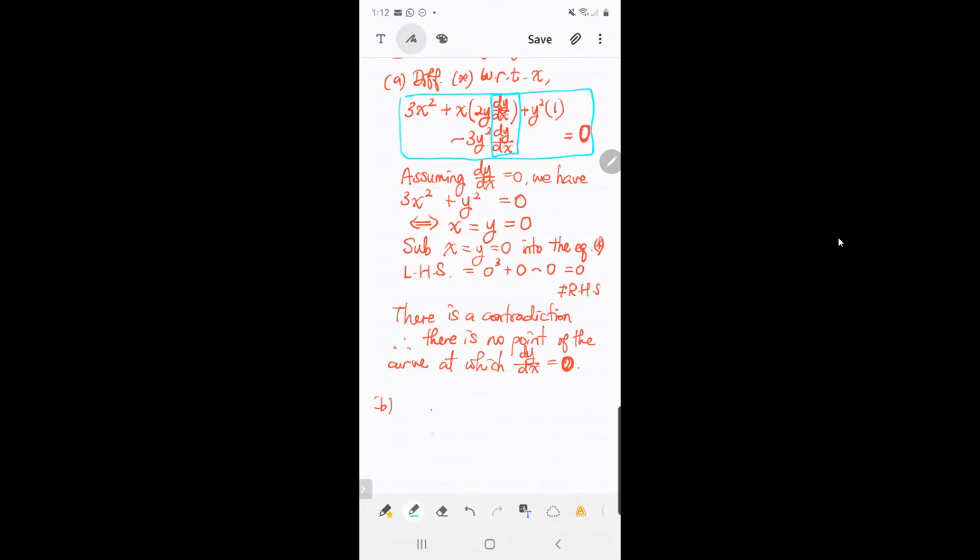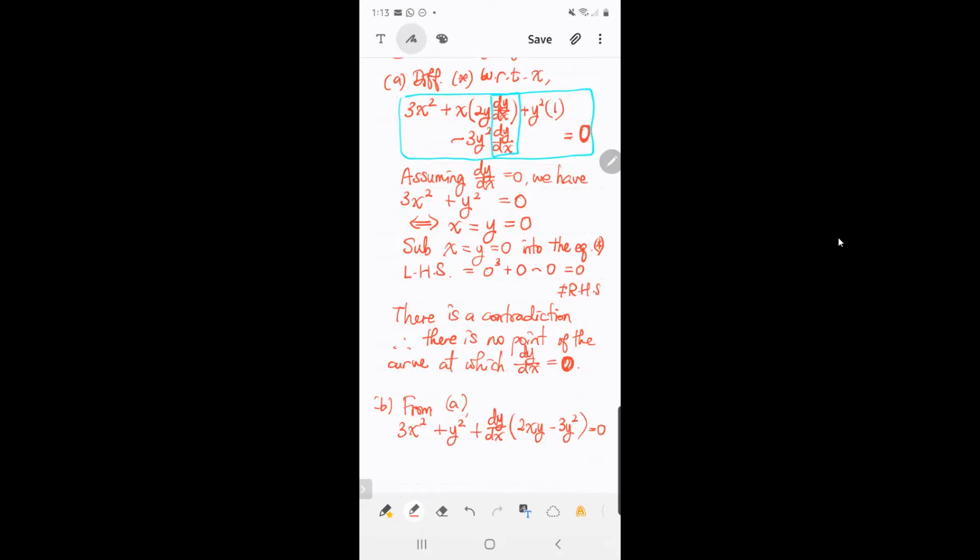So I write down the equation from part A. From A, I have 3x squared plus y squared, followed by dy dx. You factorize, then you check what are the terms inside. So you have 2xy and then minus 3y squared.